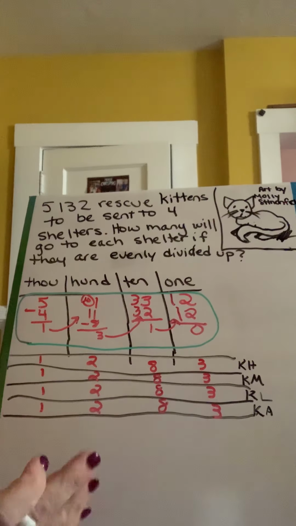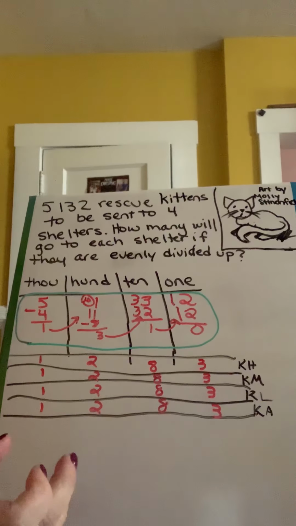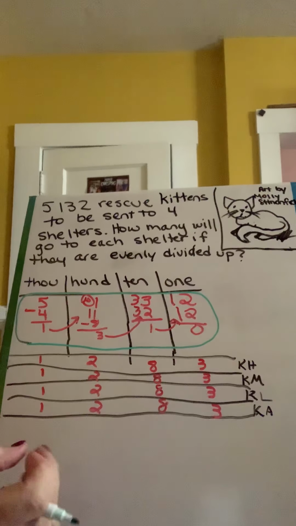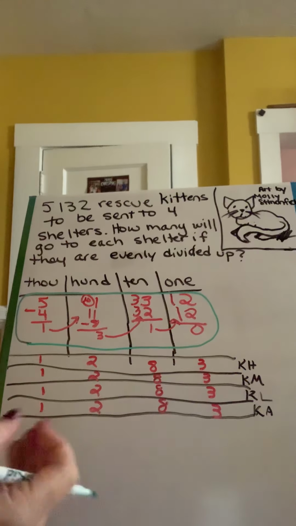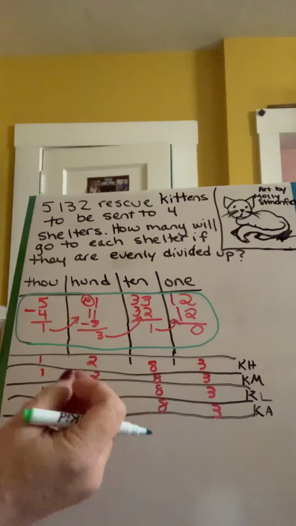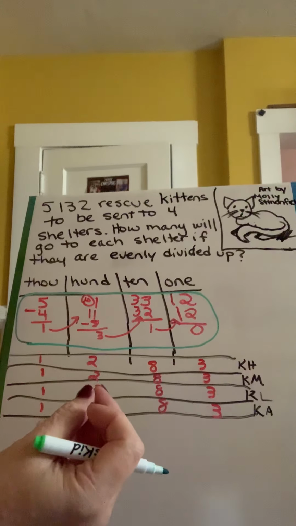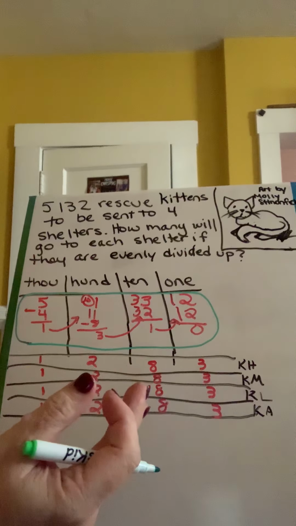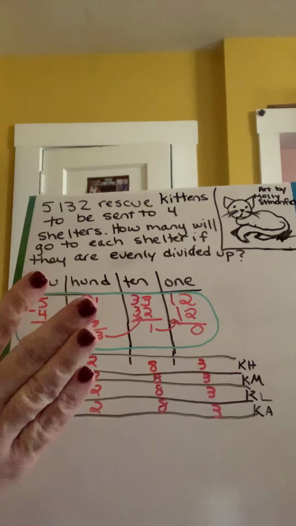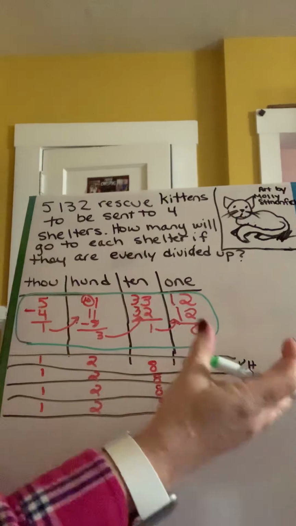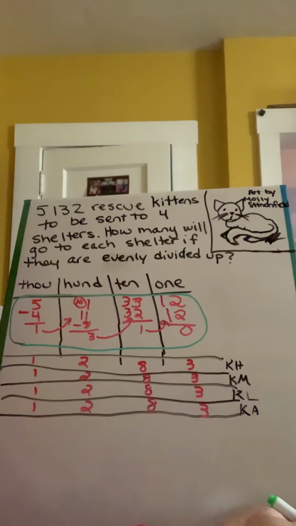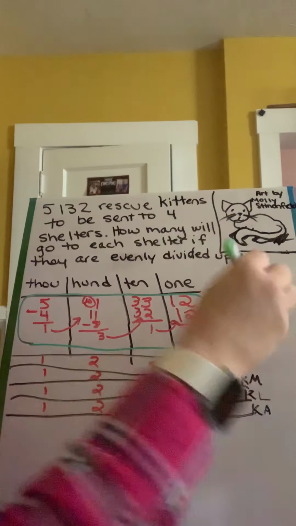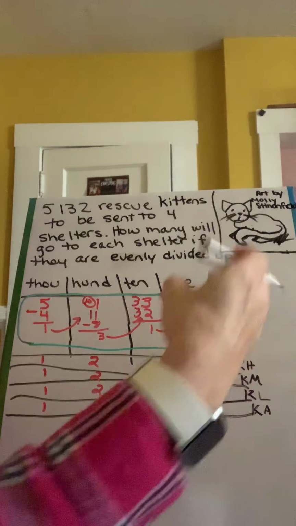But now we're going to condense it, make it a little more organized, and make it a little more meaningful. And this next part is going to be the skill that you'll use for the rest of your life. When you're 45 years old and you have 5,132 kittens that you want to divide among 4 different groups, this next part of the skill is going to be the strategy that you will use. The black shows it better.